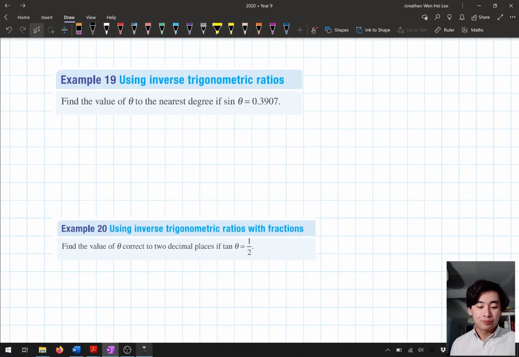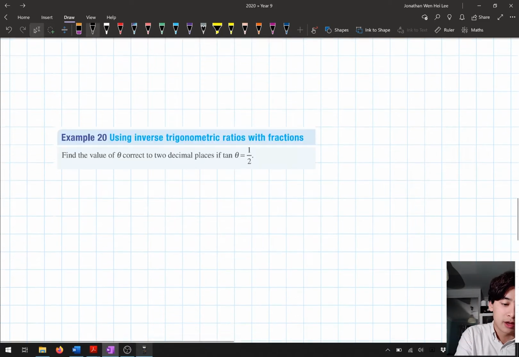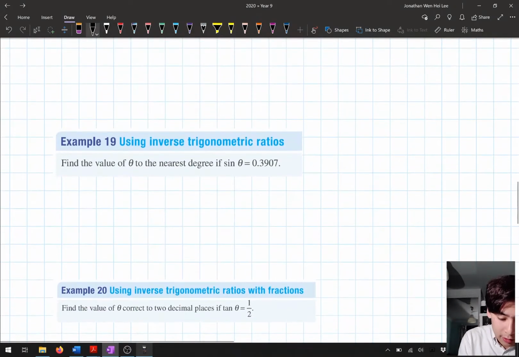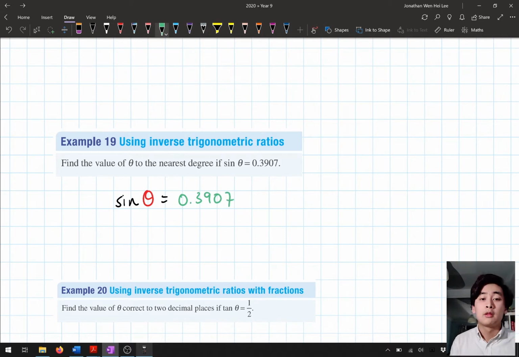The first one: I want to find the value of theta to the nearest degree if sine theta is equal to 0.3907. Now you might be wondering, we have an angle here, theta.